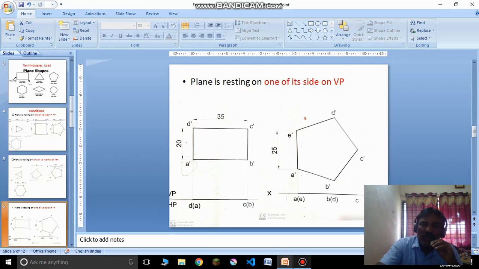I have to keep the object parallel to VP, on VP, and the side on which I want to rest must be perpendicular to HP. It may be any lamina, a triangle or a hexagon, the conditions remain the same.